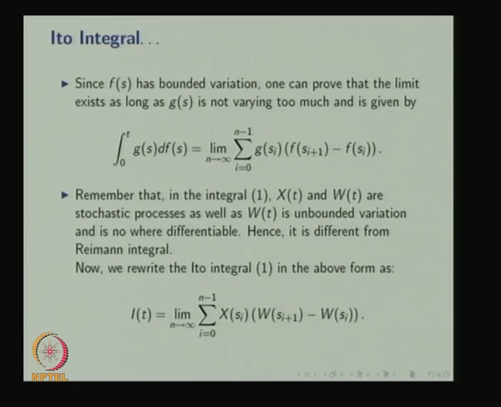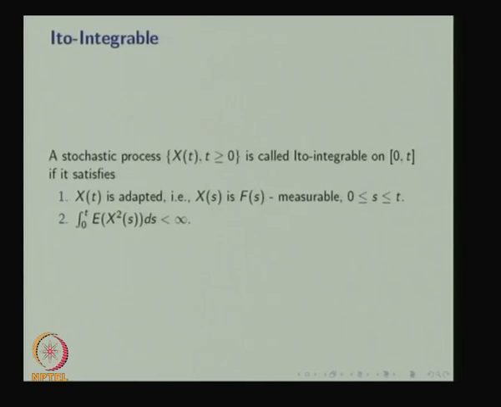The Ito integral I of t can be written as a limit as n tends to infinity in the summation form. Here, since the expression on the right hand side is a sum of n random variables, the limit refers to one of the modes of convergence of a sequence of random variables, that is a limit in the sense of probability, in distribution, almost surely or in the L2 mean.